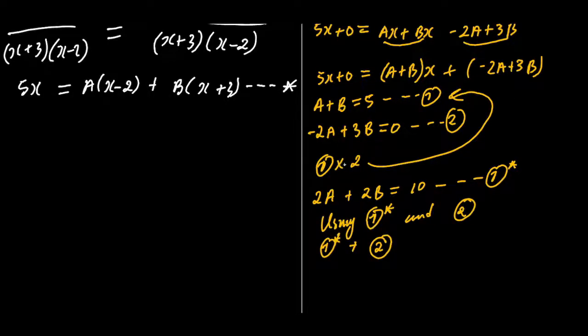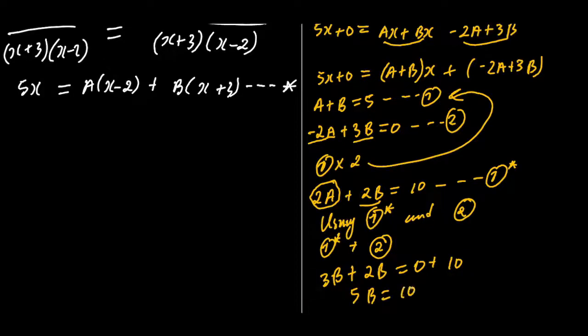We notice that 2A plus minus 2A is going to cancel, so it's going to give us 0. So 3B plus 2B will give us 0 plus 10. Therefore, our 5B will be equal to 10, which implies B will be 2.